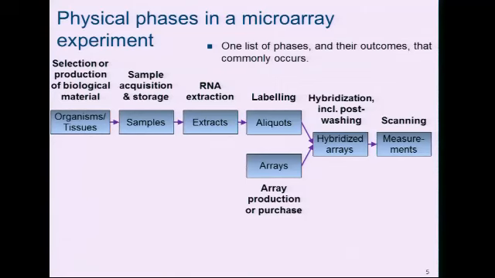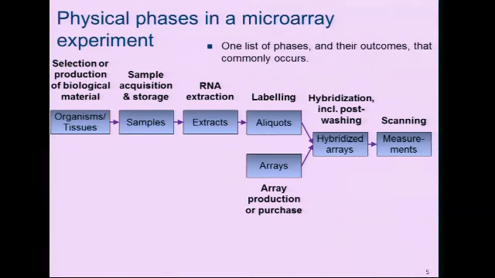So I'm thinking here of a microarray experiment using the sort of process that I just described. It's going to start off with a phase in which you've got the selection or production of biological material, and what you produce is organisms or tissues that are going to be subject to the microarray experiment. Then you need to do the extraction, as we saw. So you need to get the samples and store them from the organisms or the tissues, and then you need to do the extraction, which will produce some extracts.